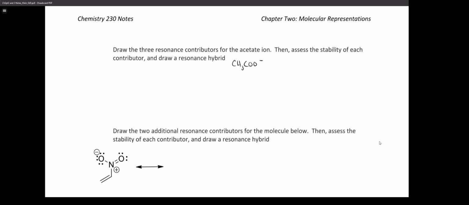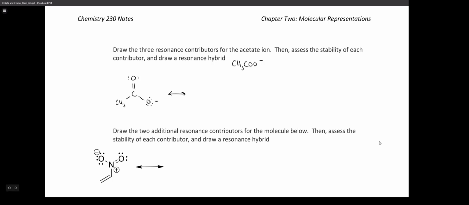So that would be C, O, CH3, O, O. If I was to add a rule even above number 1, well, I'll get to that in a second. I want 3 total.